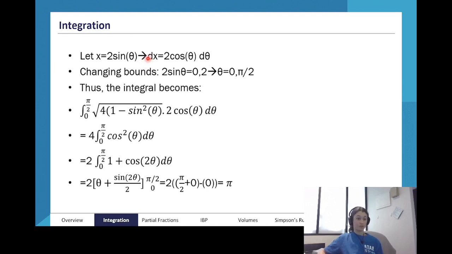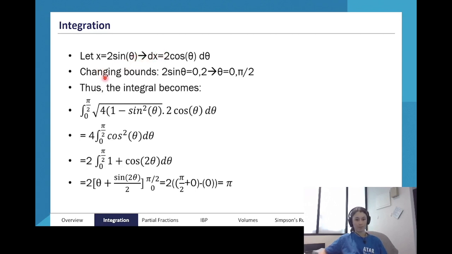This is the second step of substitution, where we let our substitution be equal to a particular letter, then we differentiate that and we isolate the dx.